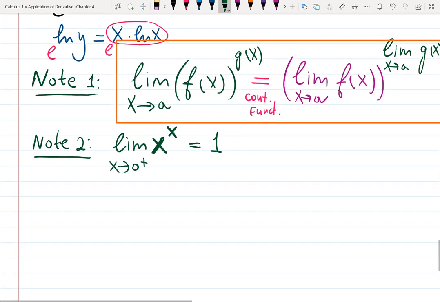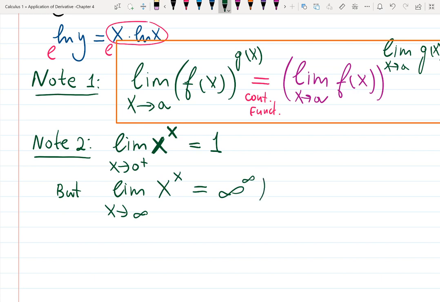But just for you to know, if we ask you to find the limit as x goes to infinity of x to the x, that's not one of the indeterminate forms. That's just the infinity to the infinity case. Infinity means huge numbers multiplied by itself a huge amount of times.